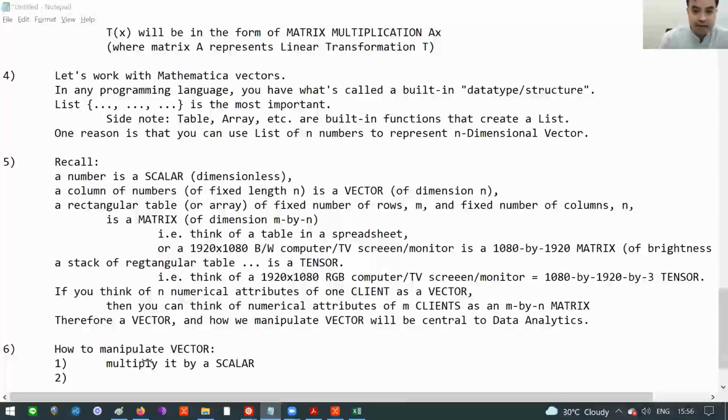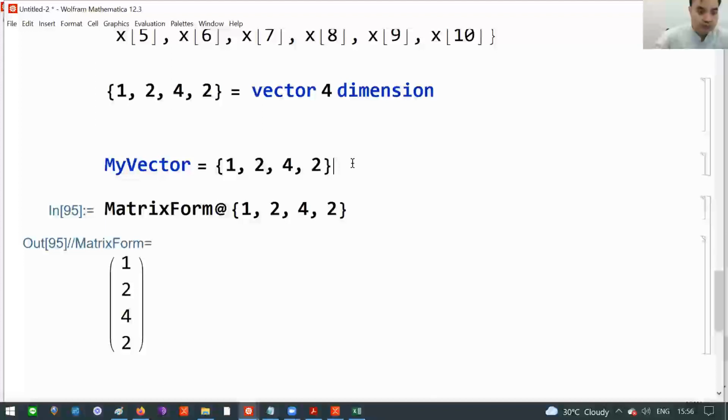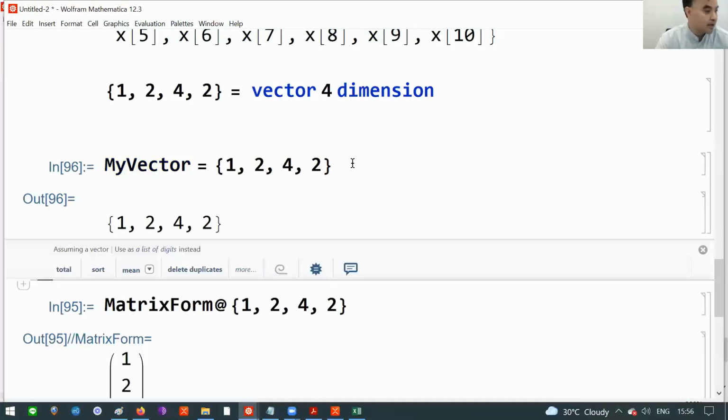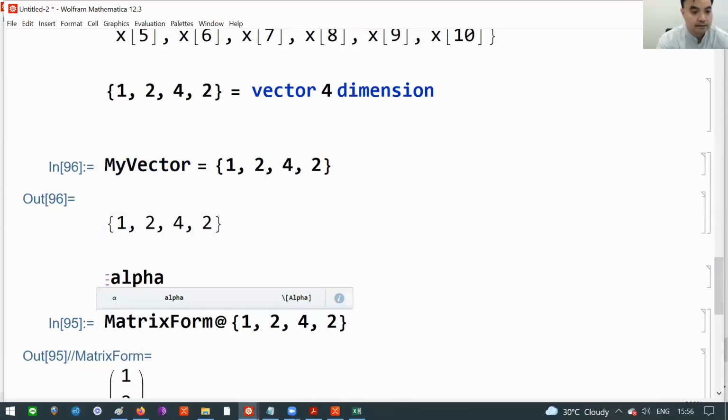Let's say I have this matrix, so this is my vector, equal to say 1, 2, 4, 2. It's my vector. I can multiply it by anything, alpha, minus vector.